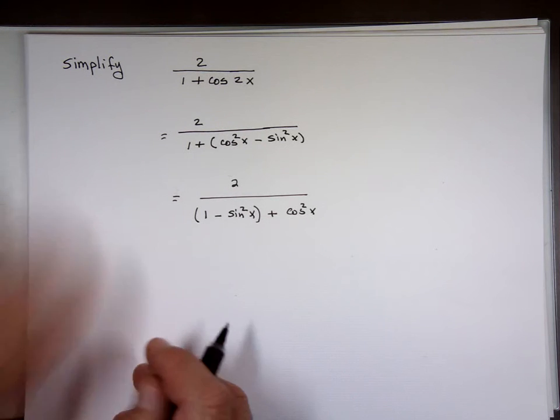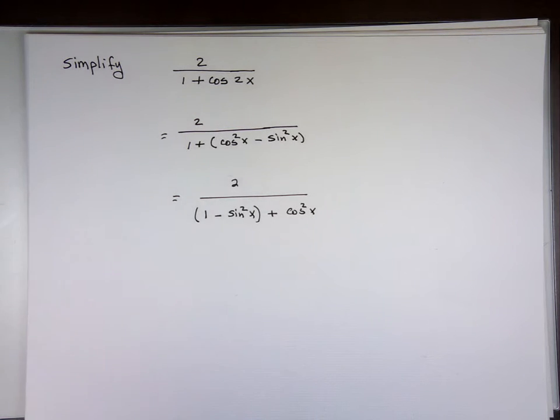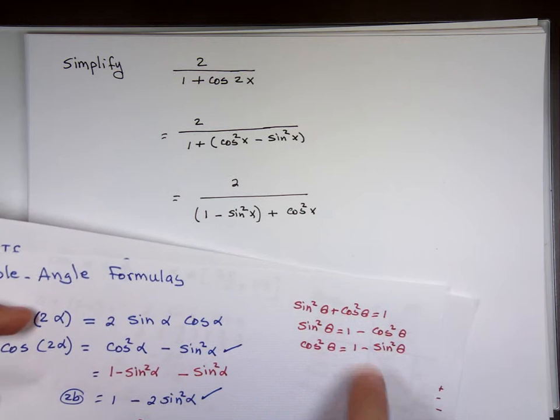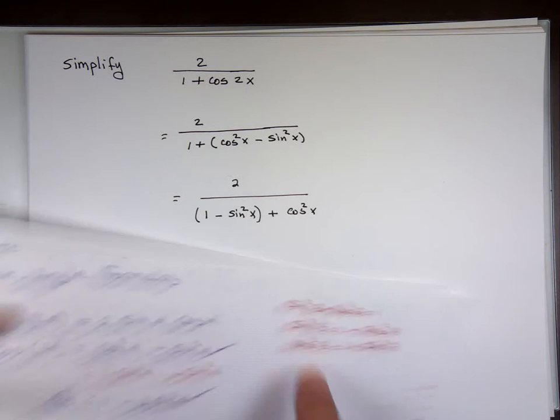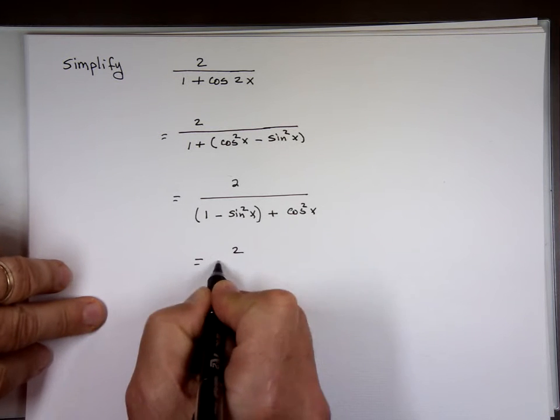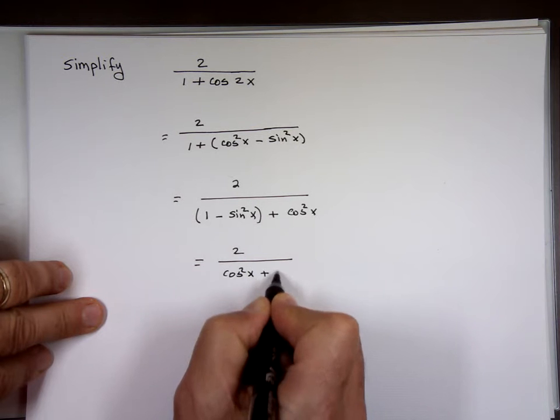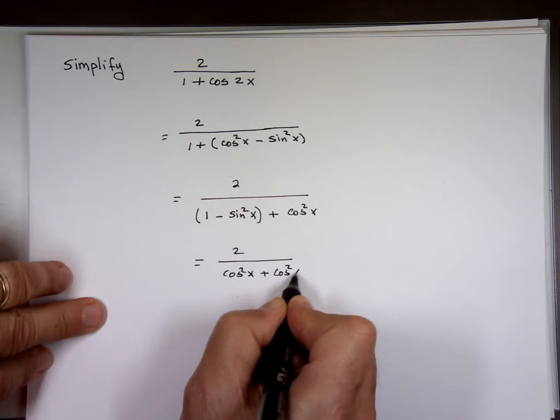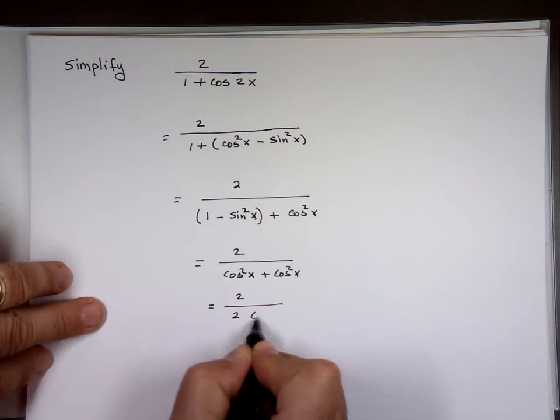Now wait a minute, I just wrote something on the board. What is 1 minus sine squared equal to? That's cosine squared, right? So I can make that 2 over cosine squared x plus cosine squared x, which is 2 over 2 cosine squared x.